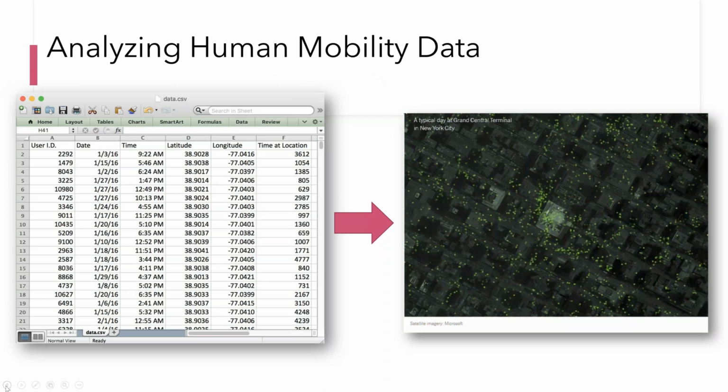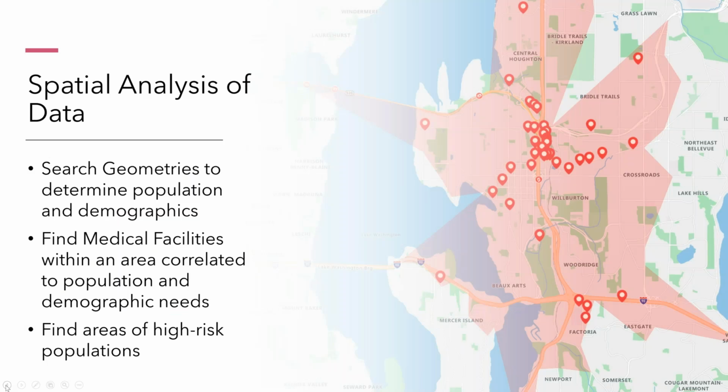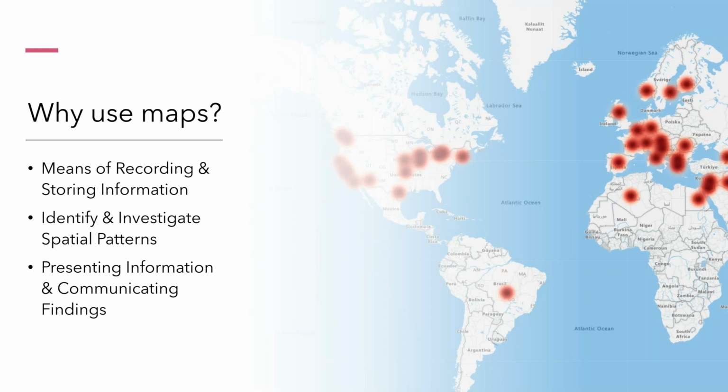So why use maps? One of the ways I look at mapping platforms is like an Excel spreadsheet for spatial data. You have a canvas on which you can do all kinds of analysis. You can load your data onto it, and you can start analyzing and visualizing that data.